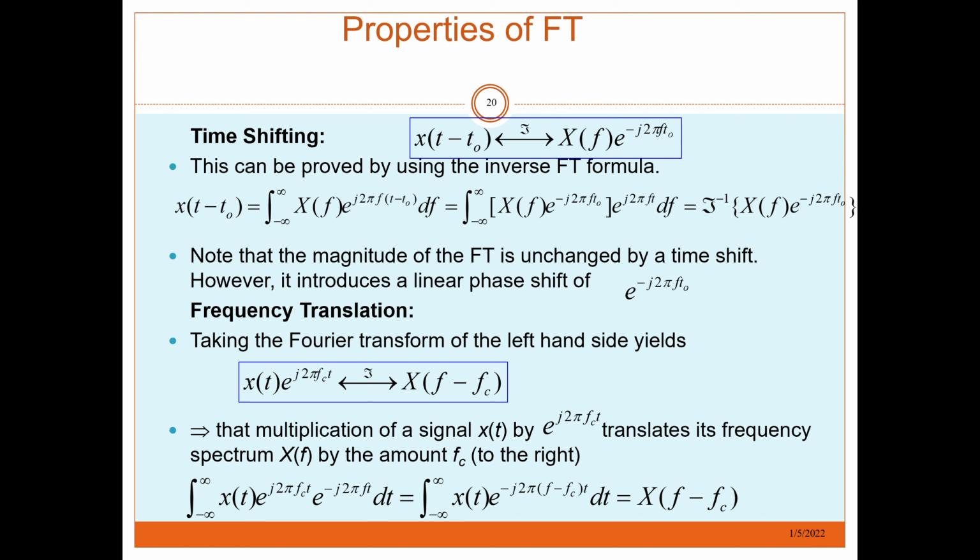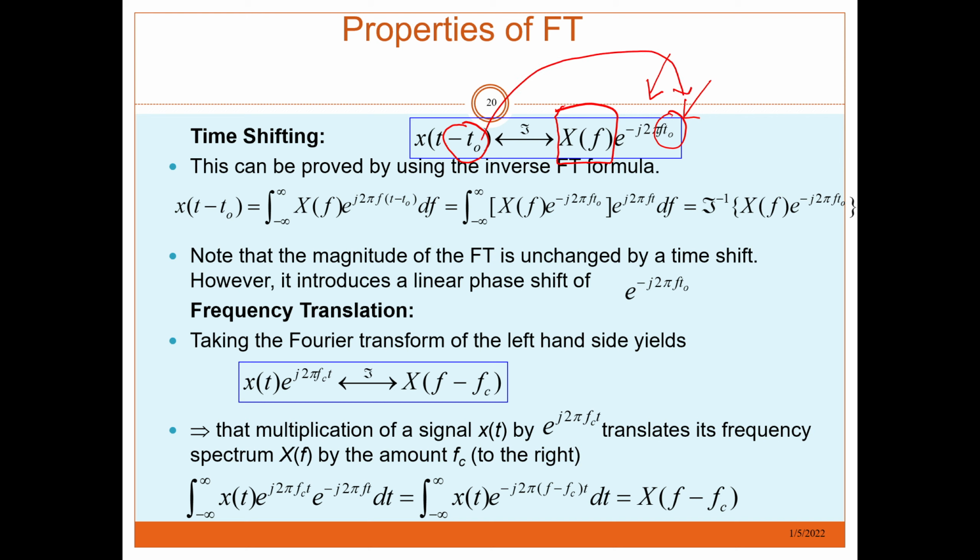The second one is time shifting. If the function does not start at 0, it will start at t0. What we do in the frequency domain is convert the signal x(t), but multiply it with e to the minus j2 pi f t0, where t0 is the value shifted or delayed.